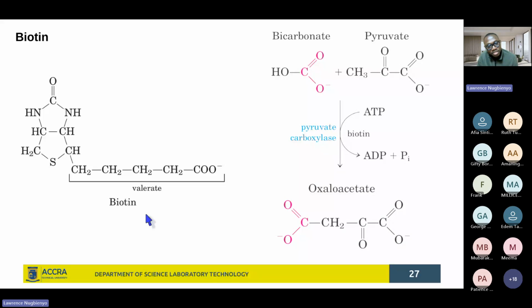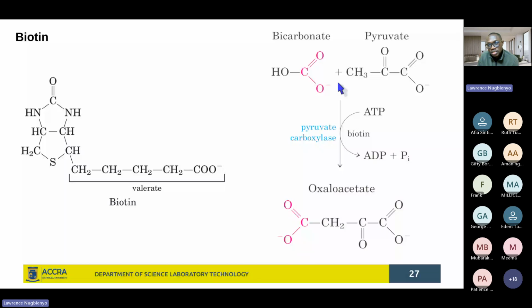Then biotin, also one of the vitamin B's, vitamin B7. So this is the structure of biotin. It has some ring structure with some carboxylic acid chain attached onto that fused ring structure.